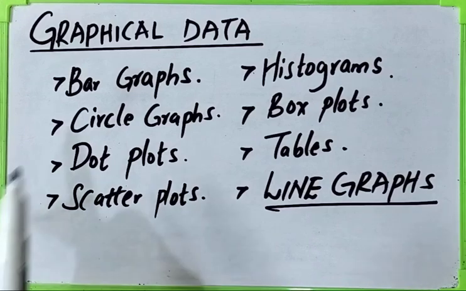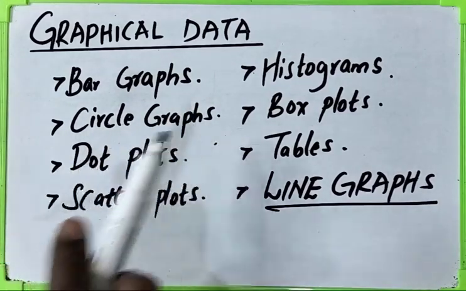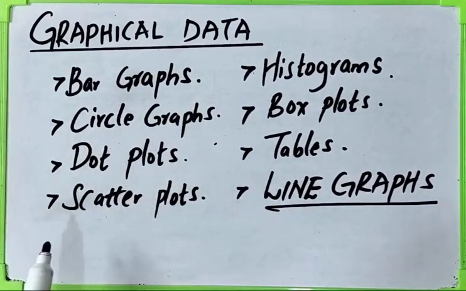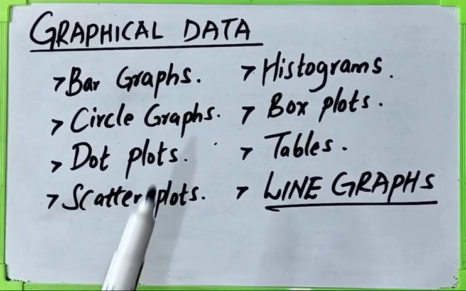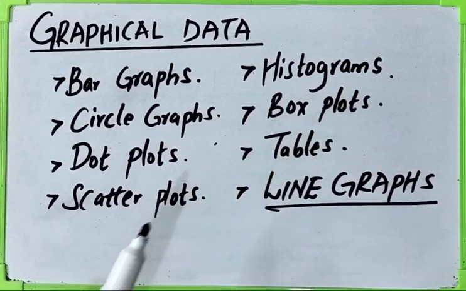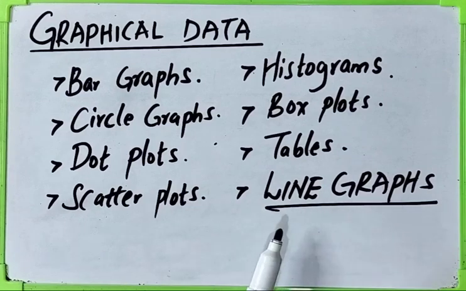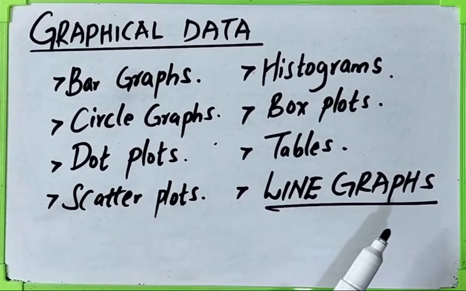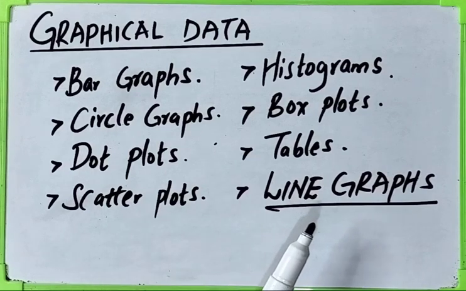The first one is bar graphs, we have circle graphs, we have dot plots, scatter plots, we have things like histograms, box plots, tables, and of course, last but not least, which I've written in capital letters, line graphs. The reason why I have written line graphs in capital letters is because the example I'll be giving you today, I'll be concentrating on line graphs.